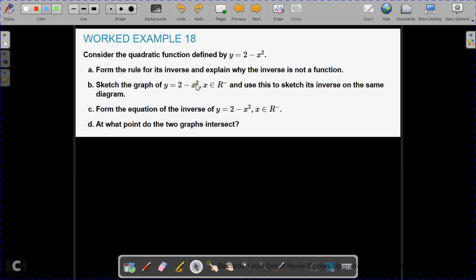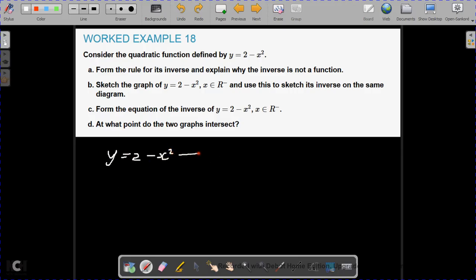Alright, let's just finish off this bit with a couple more examples. So, worked example 18. Consider the quadratic function defined by y equals 2 take x squared. Form the rule for its inverse. First off, okay, we've got y equals 2 take x squared.